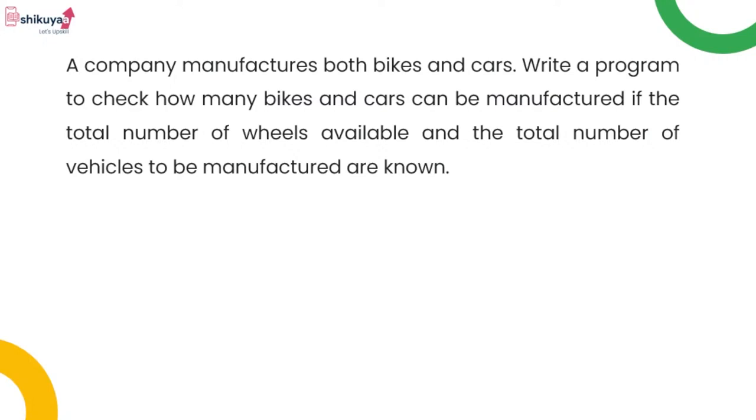So if you read this carefully, what is asked is that there is one company and that company is manufacturing bikes and cars both. We need to write a program to check how many bikes and cars, separately, can be manufactured if the total number of wheels available and the total number of vehicles to be manufactured are known.